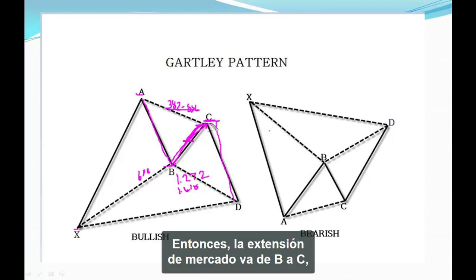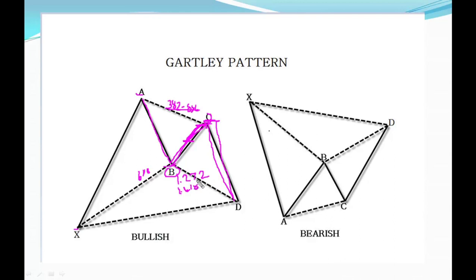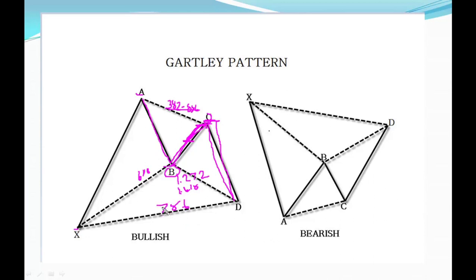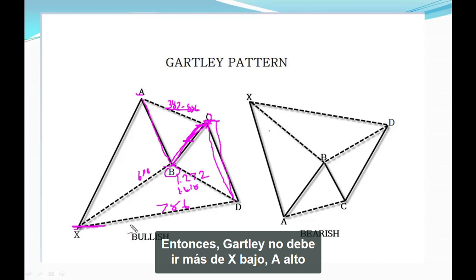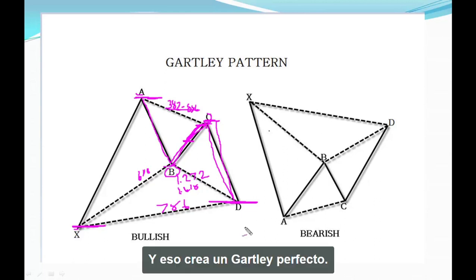So the market extension goes from B to C down to D, a 1272 to 1618 of that B to C. Okay? And then right here, 786. So a Gartley should not go past 786 of the X low to A high into the D pattern. And that creates a perfect Gartley. That would be a bullish Gartley pattern.